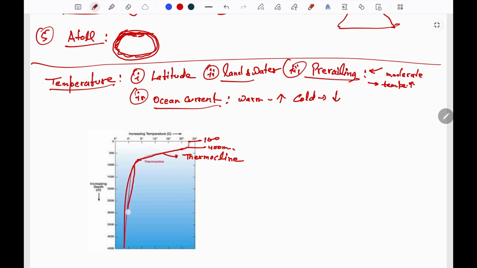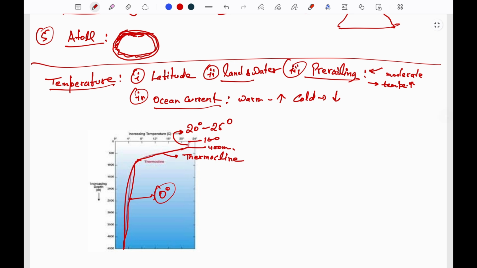This is how temperature is distributed vertically in the oceans. Here in this first layer, the temperature approximately ranges from 20 to 25 degrees Celsius, and here the general temperature is 0 degree and below.